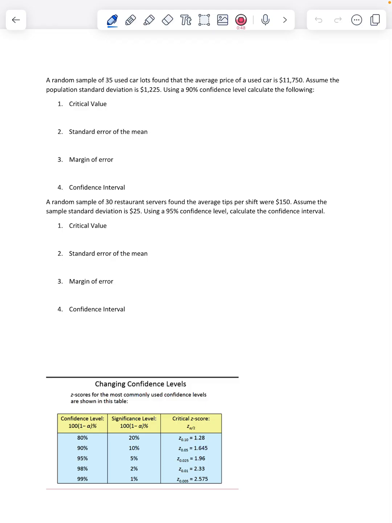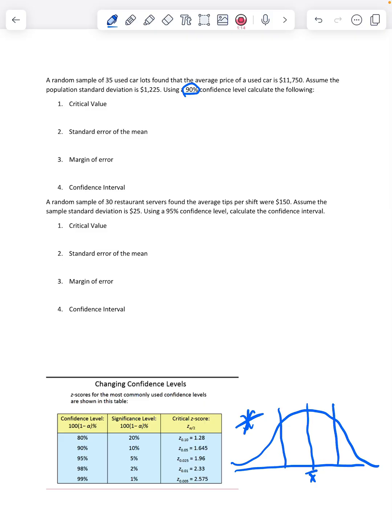So the first step to doing a problem like this is to look at what our critical value is. In this case, we have a confidence level of 90%, and so this is going to be a two-tailed test. If our mean is in the middle, we have an upper and a lower limit, and you're looking at what that range is around the mean.